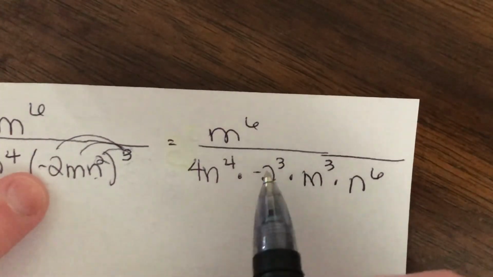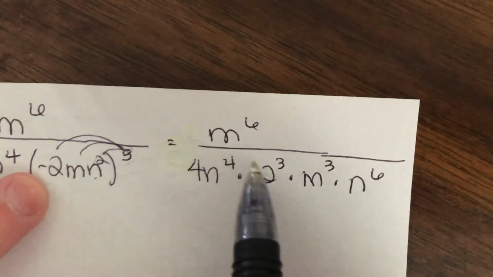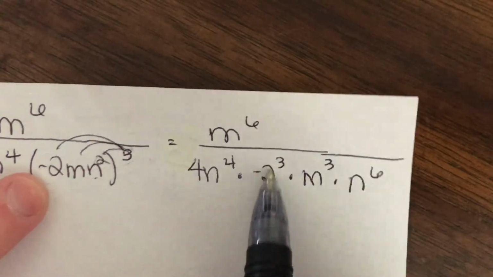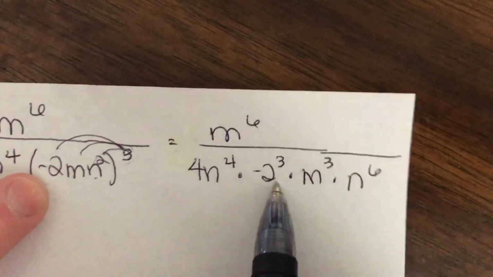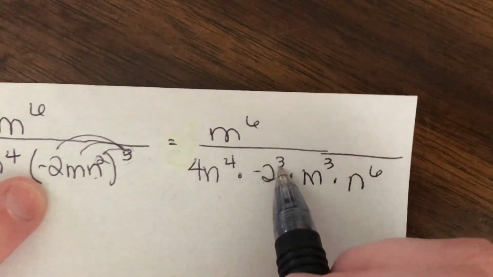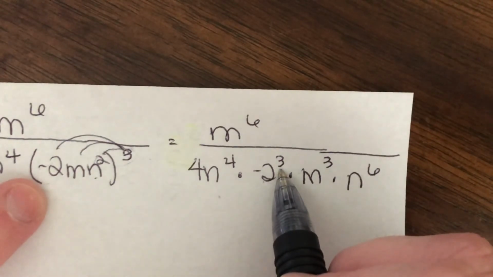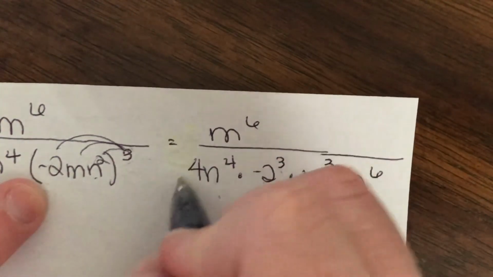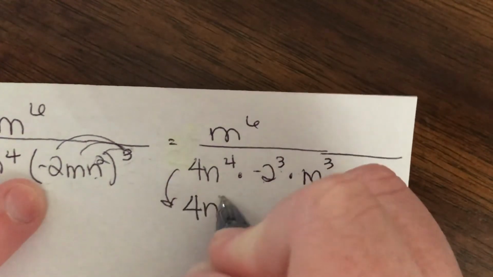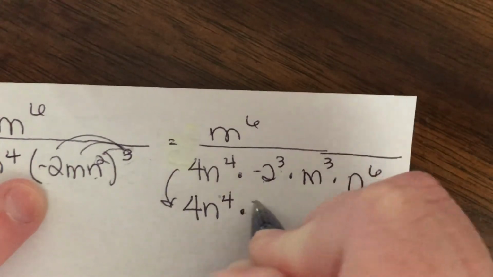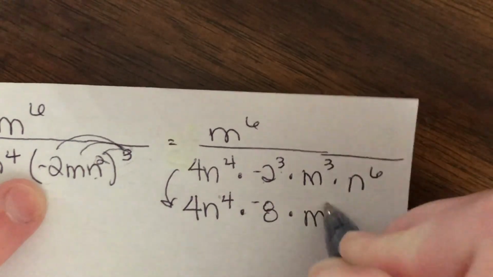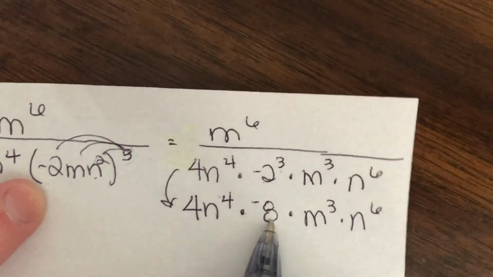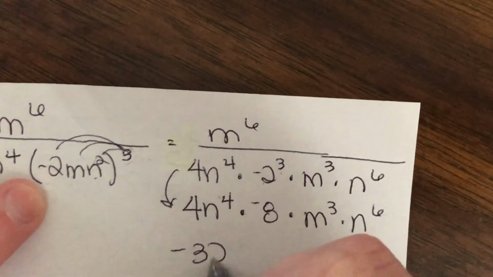Okay, I'm going to multiply my plain numbers together, right? So negative 2 times negative 2 is positive 4, times another negative 2 is negative 8. So I'm going to have 4, just on the bottom here, 4n to the 4th times negative 8 times m to the 3rd times n to the 6th. I want to combine the 4 and the negative 8, so that's negative 32.